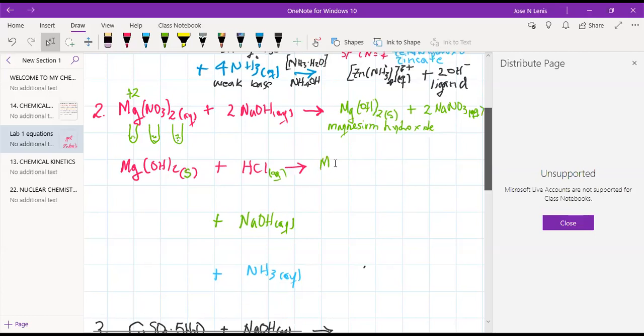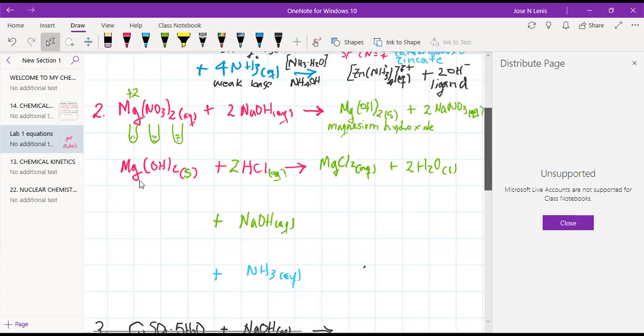So we get MgCl2, soluble, aqueous, plus water in this case, liquid. How many of those? 2 here and 2 waters. So it's soluble. So yes, there was a reaction, this acid-base reaction.